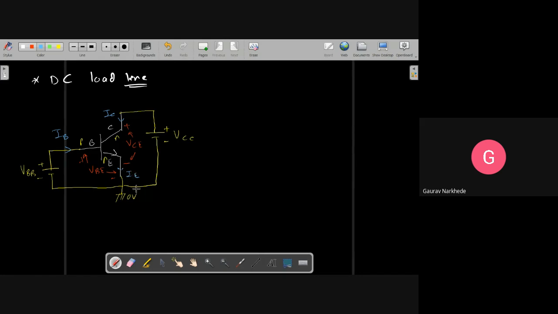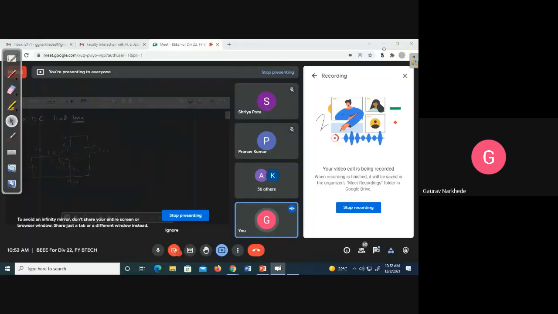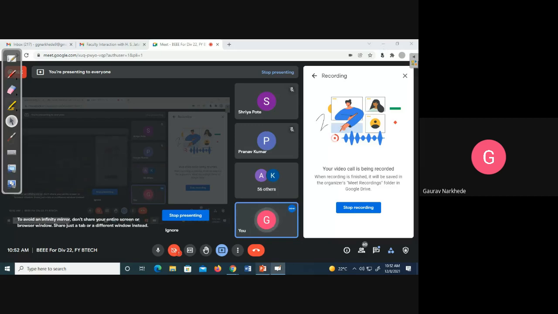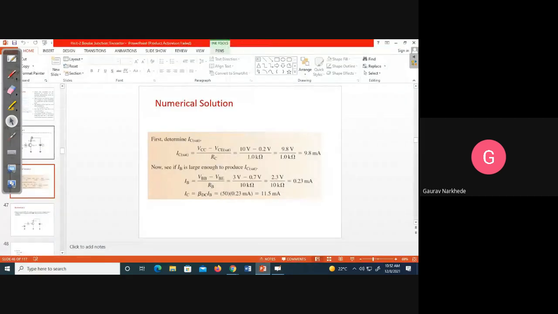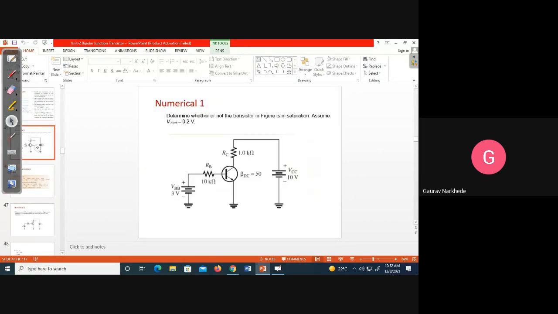Whenever you are referring to the PPT that I have shared, note that the current direction given in the PPT is reversed. The current directions mentioned in the PPTs are not the actual current; that is the direction of flow of electrons.